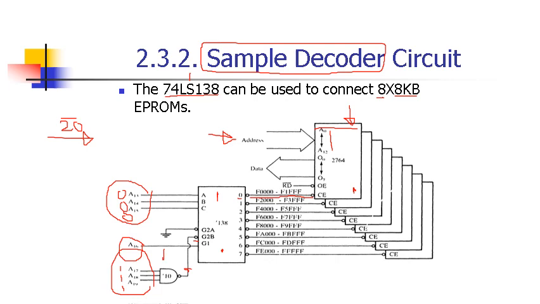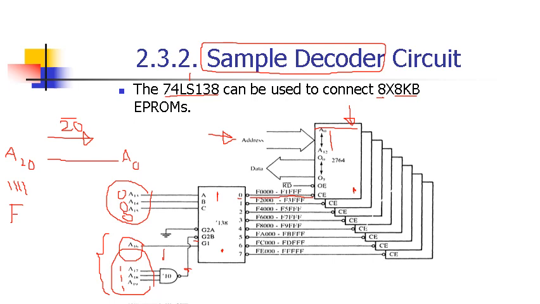Your address pins from the microprocessor start at A19 as your most significant bit and end at A0 as your least significant bit. So A19, A18, A17, and A16 are all ones and they remain ones. So your most significant hexadecimal digit will always be F.